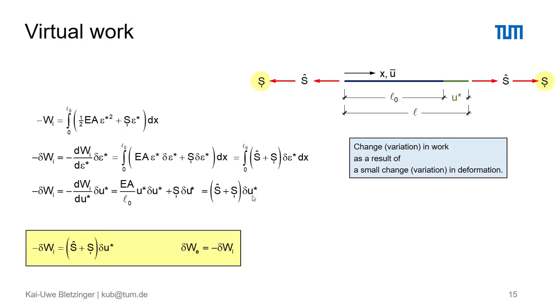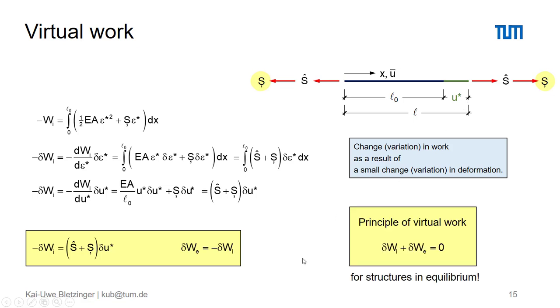We end up with this expression that the change, the variation of the internal work, which we call the virtual internal work, we write it here negative to receive something positive on the right hand side, is simply the sum of the intended force S hat plus the constant force S sub-comma multiplied by this variation of u star. That means a little modification of the final displacement u star, as we play around a little bit with the force.